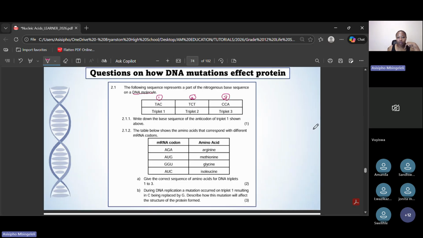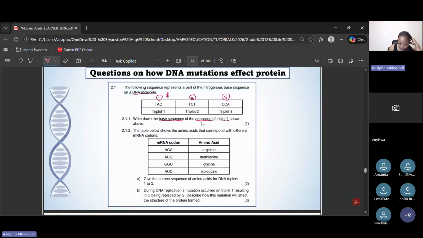Okay, so write down the base sequence of the anticodon of triplet 1 shown above. So just 30 seconds to figure this one out. There is triplet 1. They want the anticodon.